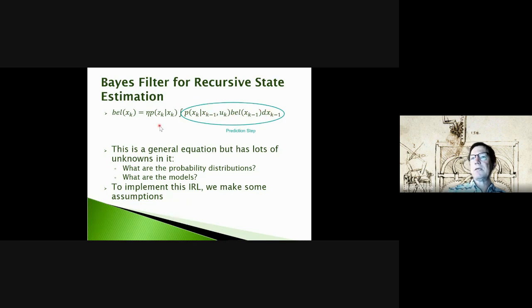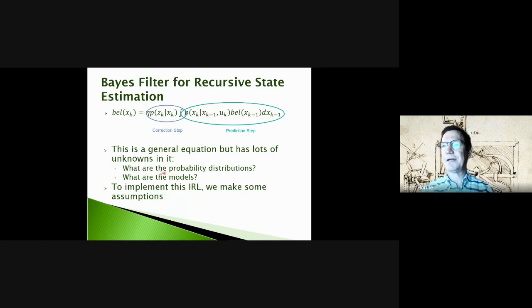These are weighted, or updated, by this correction step. And this eta here is a scale factor that comes from our initial application of Bayes' rule to normalize things so that these are true probabilities. If you integrate the PDF, it comes to a probability of one. So now this overall is a general statement, a general equation.